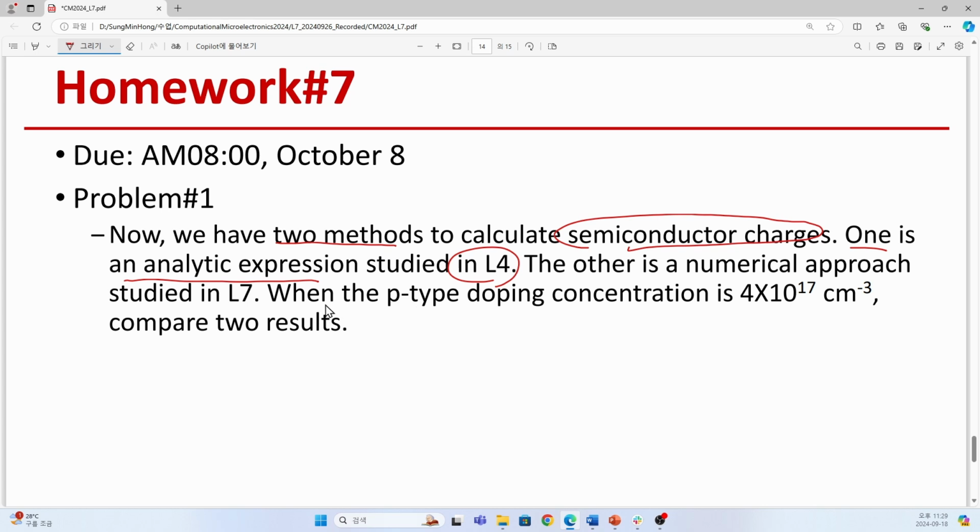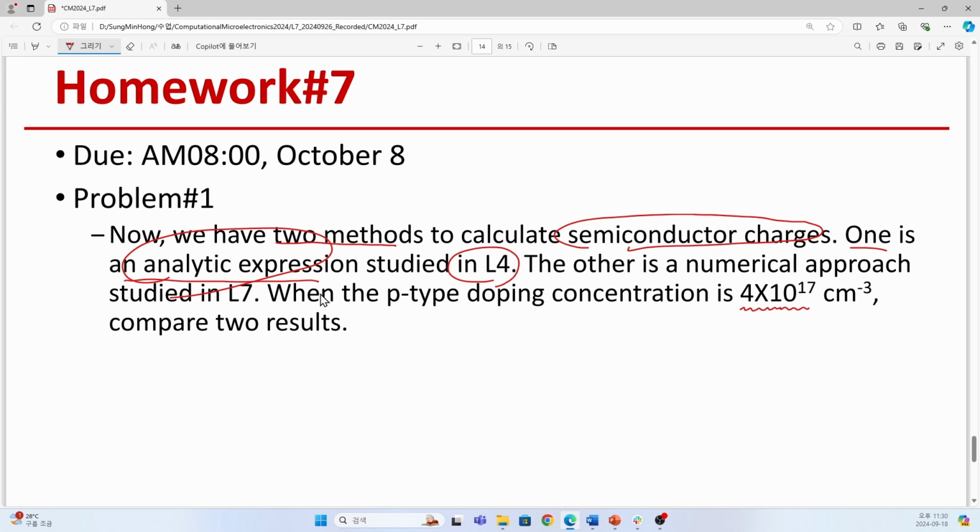Since we have already shown some results for 10 to the 17, in this homework problem we wanted to slightly change the values. Now the p-type doping concentration is 4 times 10 to the 17 per cubic centimeter. So in this case, please try to analyze the same system with your analytic expression and your numerical expression.